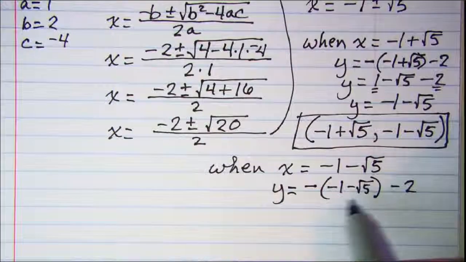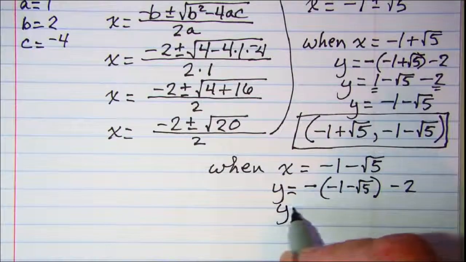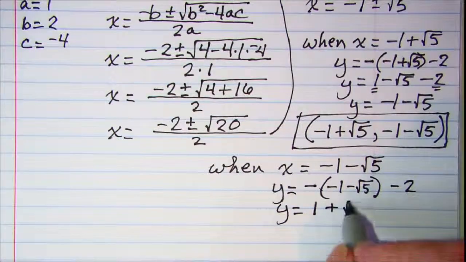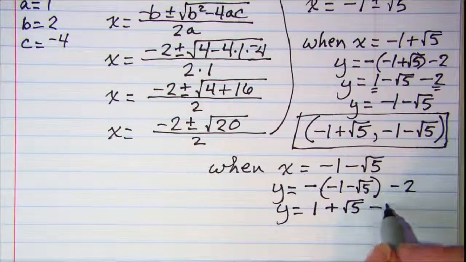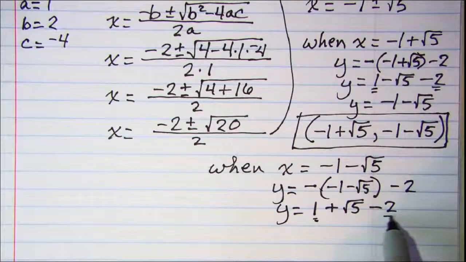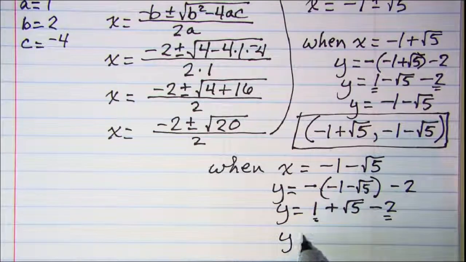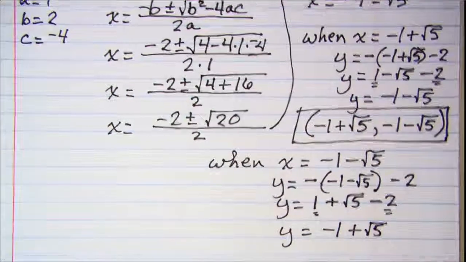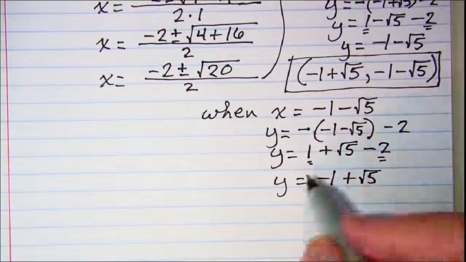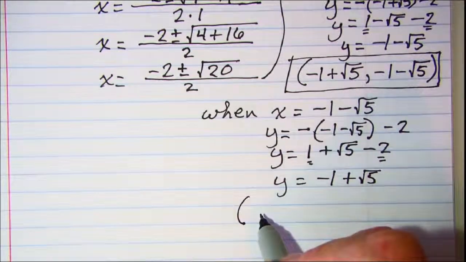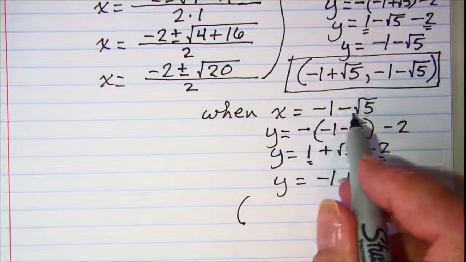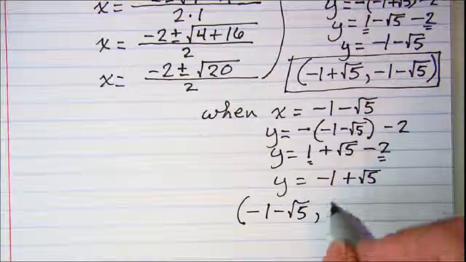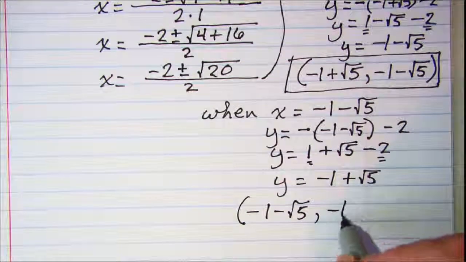So let's distribute the negative again. y is equal to a positive 1 plus root 5 and then minus 2. We can combine these. So y is equal to negative 1 plus root 5. So our other ordered pair then is negative 1 minus root 5 and a y value of negative 1 plus root 5.